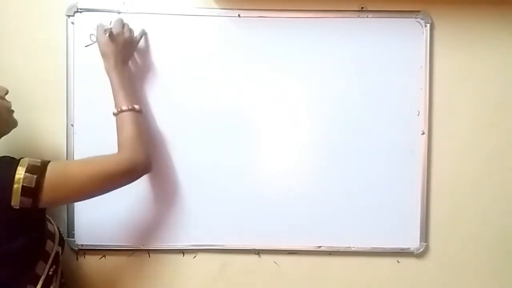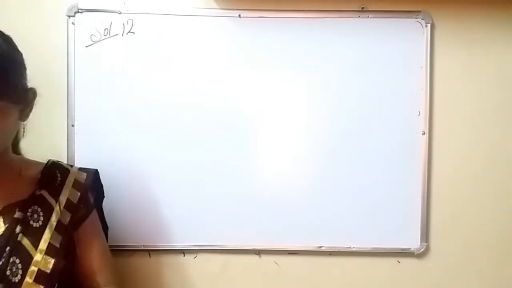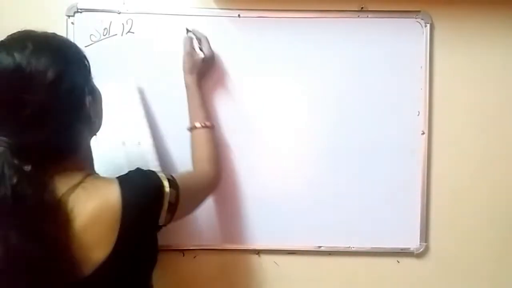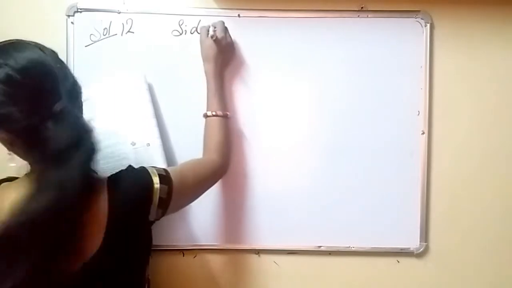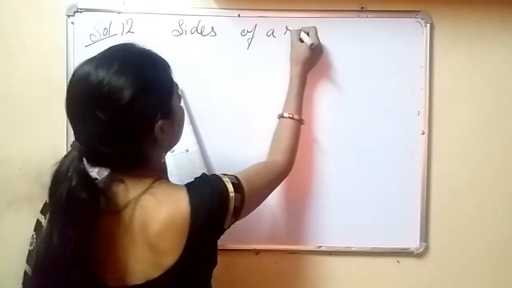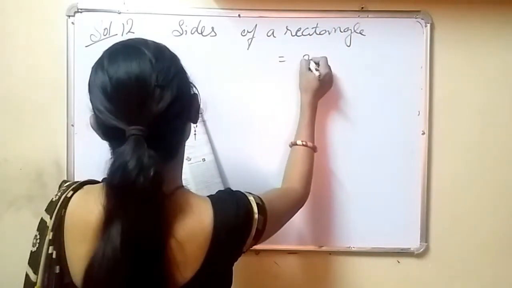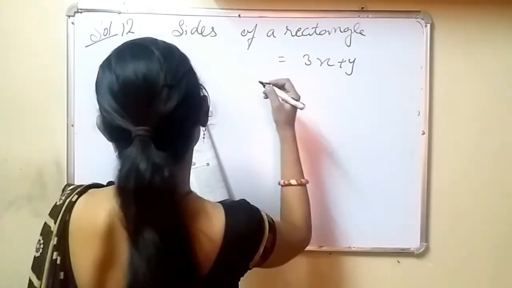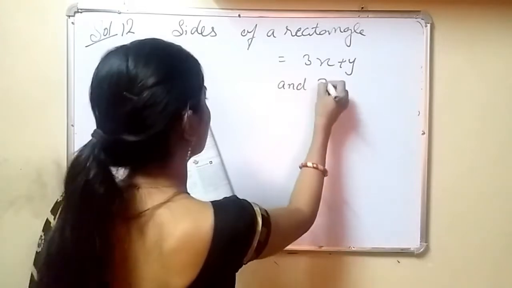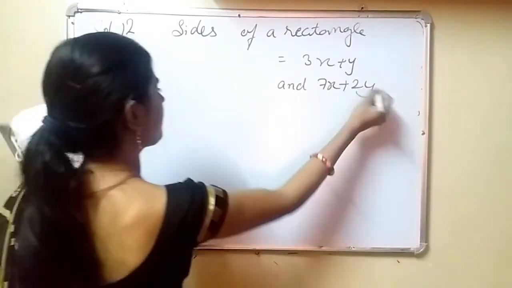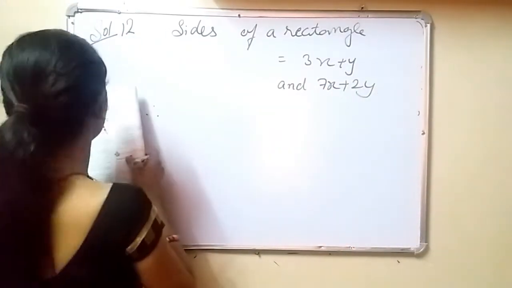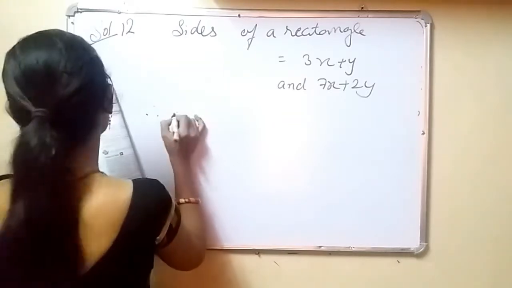Solution number 12. Sides of a rectangle are 3x plus y and 7x plus 2y. Therefore, what you have to find is the perimeter.